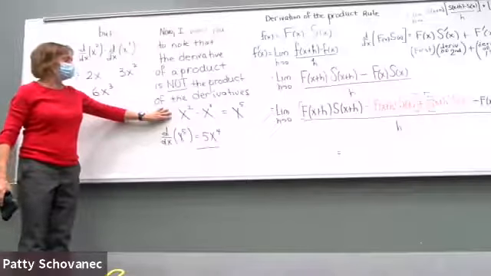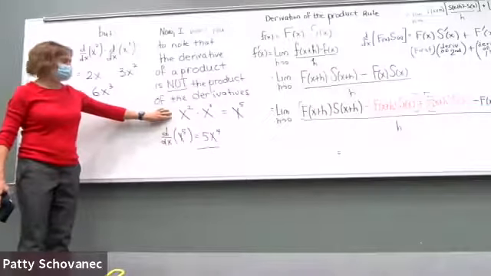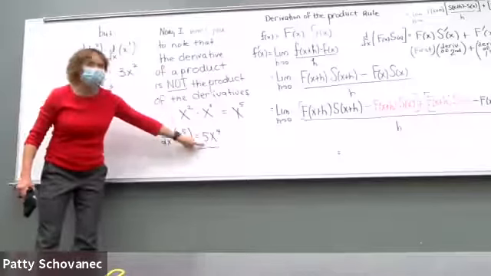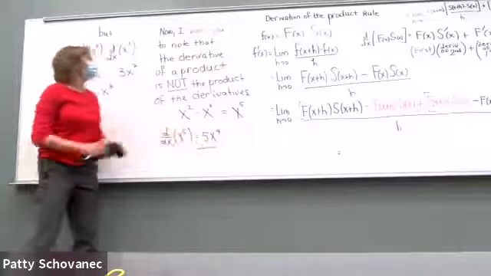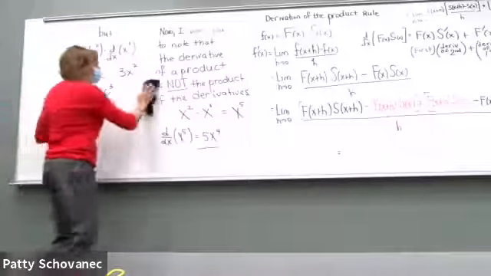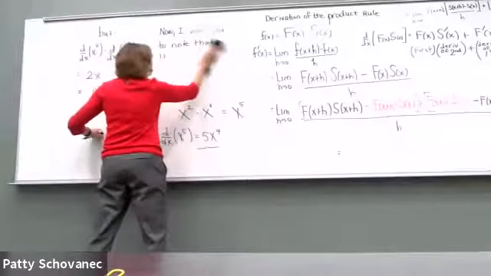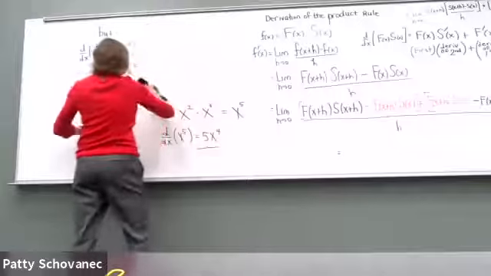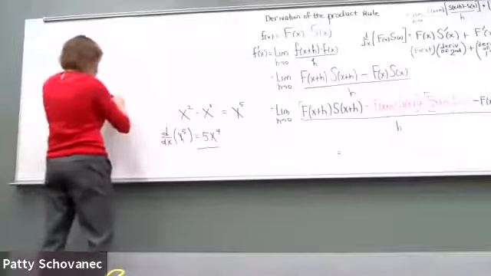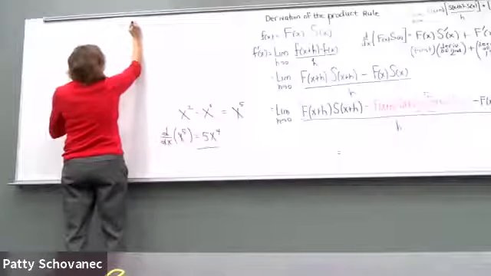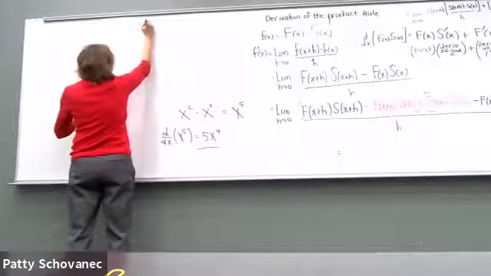I'm going to take the derivative of x squared times x cubed using the product rule and show you that it'll simplify to 5x to the 4th. So, product rule.